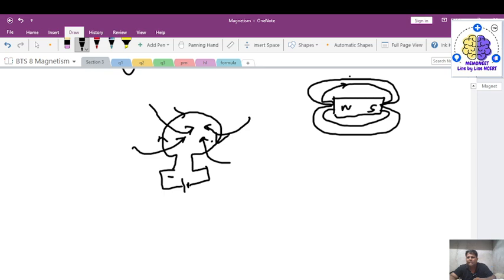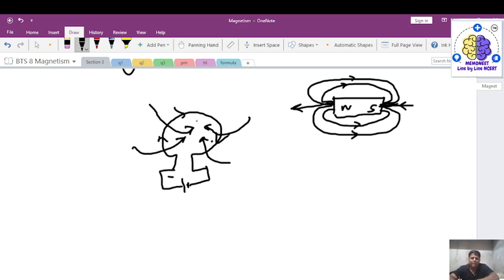And if this is the case, the end of a magnet where the magnetic field is entering would be a south pole, and the point from where the magnetic field is exiting will be a north pole, right?